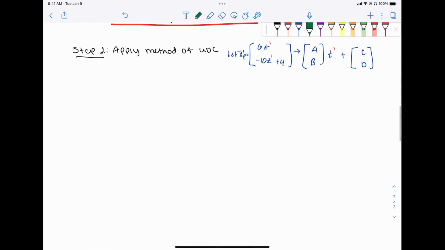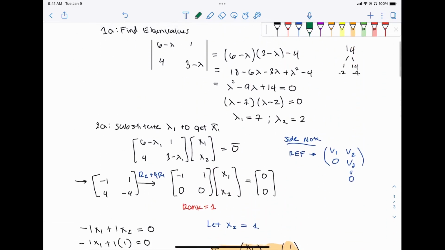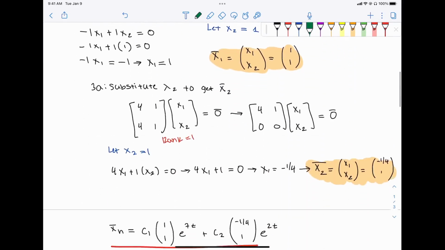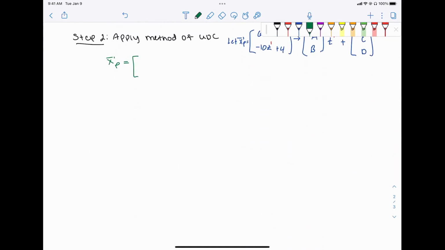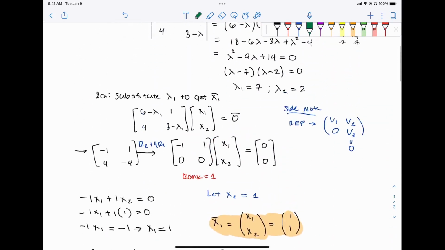We need to remember that we're basically given a set of differential equations that looks like this, where x prime of p equals our constant terms, which was 6, 1, 4, and 3, multiplied by x of p, plus, these are constants.